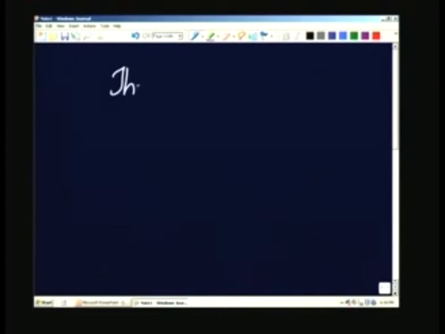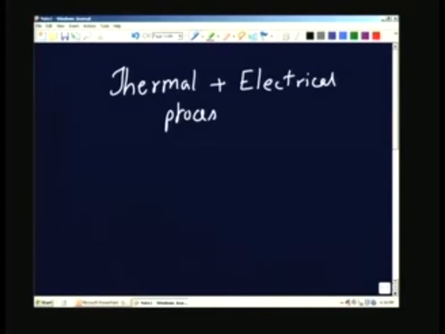Thermoelectricity means thermal and electrical phenomena or processes are interrelated. Let me just classify these into two types of processes.